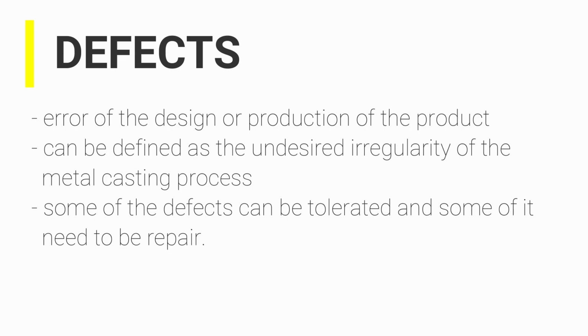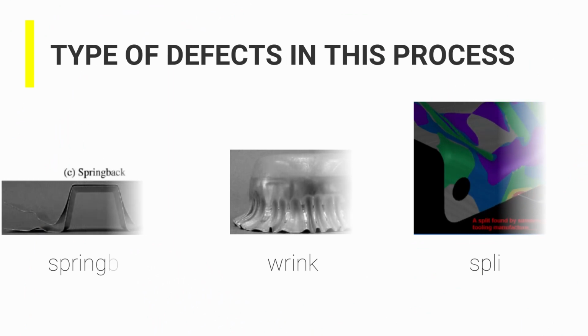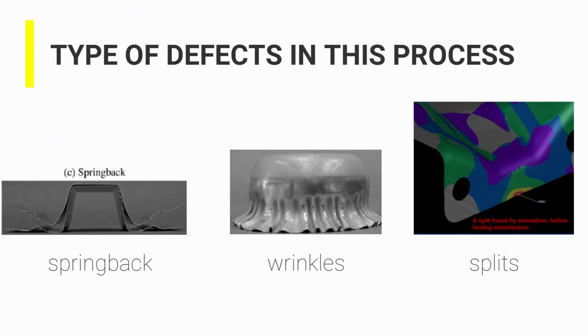Some defects can be tolerated, while some need to be repaired. The types of defects that could happen in this process are three: springback, wrinkles, and split. Number one, what is a springback defect?